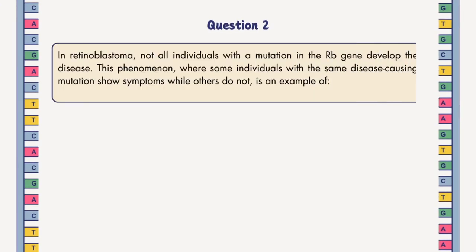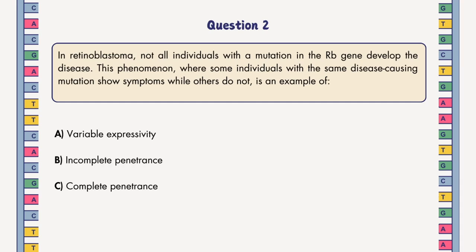Question 2. In retinoblastoma, not all individuals with a mutation in the RB gene develop the disease. This phenomenon, where some individuals with the same disease-causing mutation show symptoms while others do not, is an example of option A, variable expressivity, option B, incomplete penetrance, option C, complete penetrance.